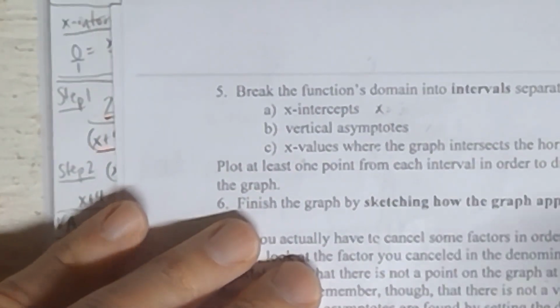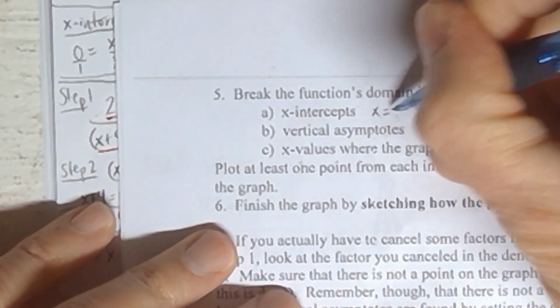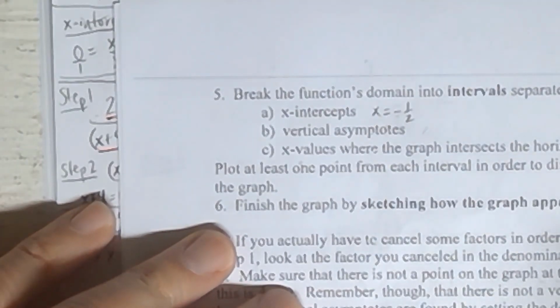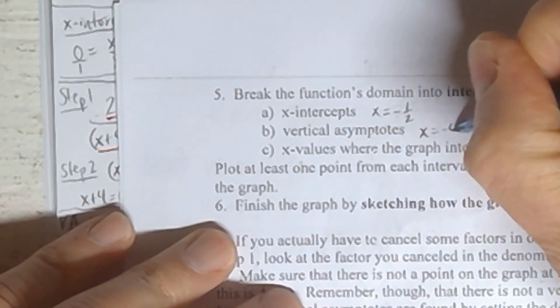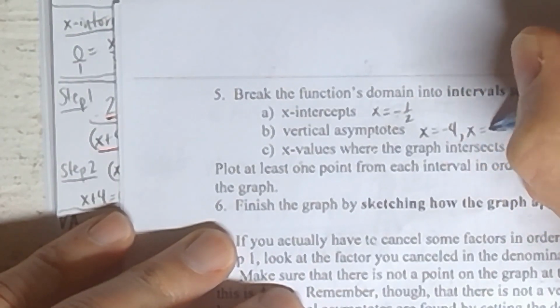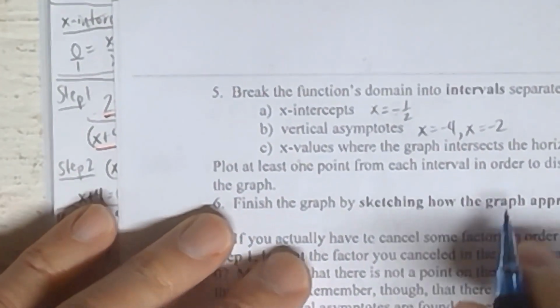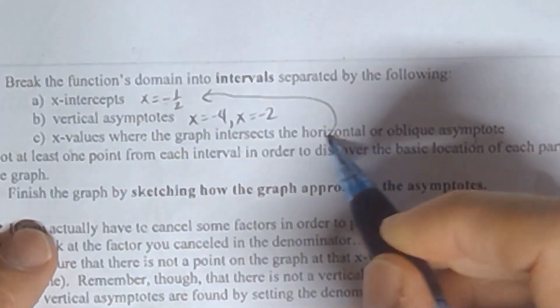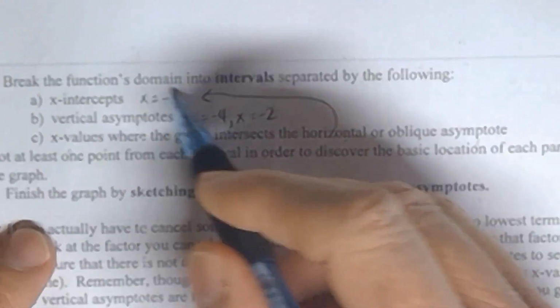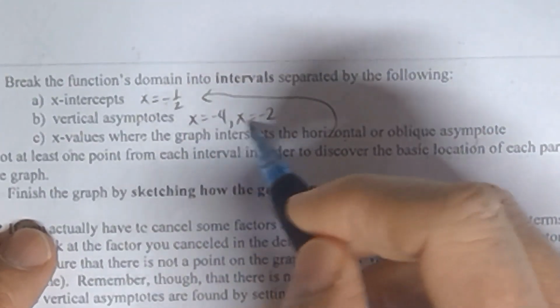What is the x-intercept in this problem? It is negative 1/2. What are the vertical asymptotes in this problem? They are negative 4 and negative 2. And then the place where it crosses the horizontal asymptote is actually the same thing as the x-intercept, so I don't need to write it again. So I have a total of 3 different things I've got to put on my number line. So let's go ahead and do that.